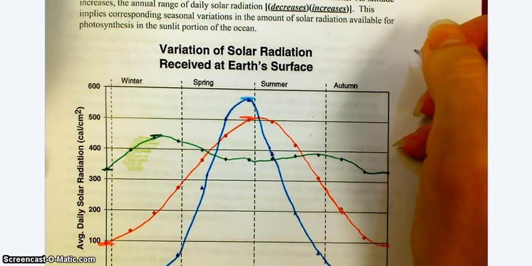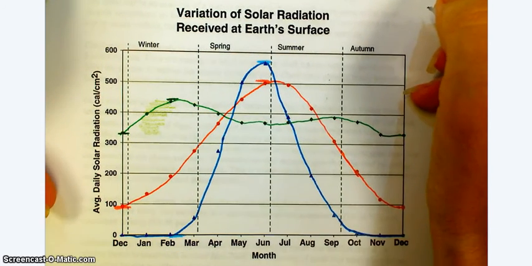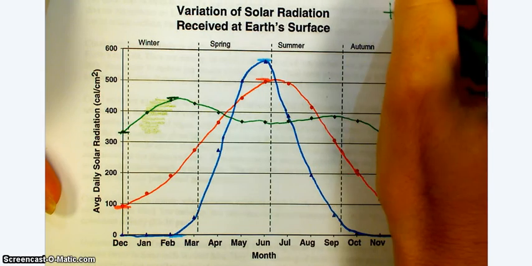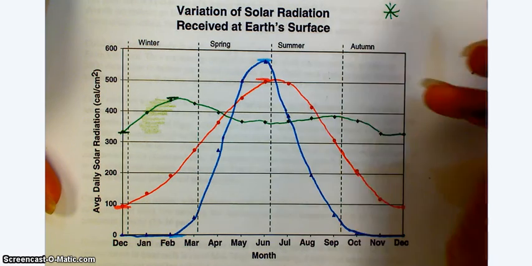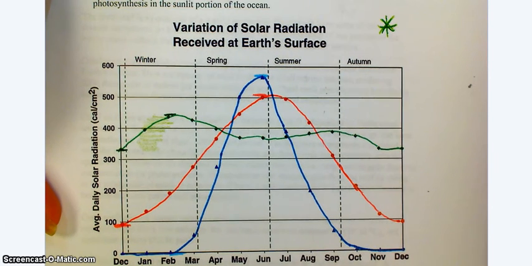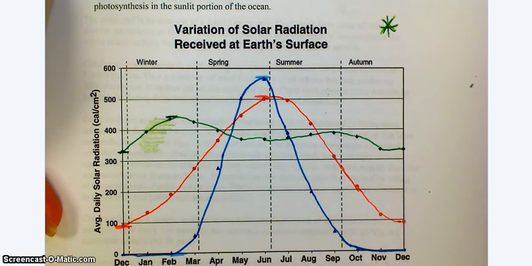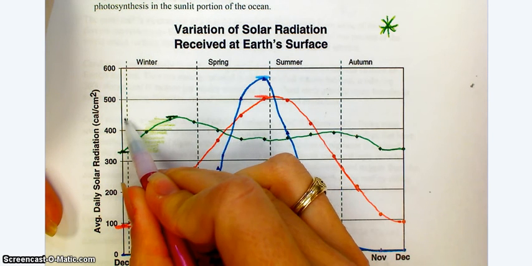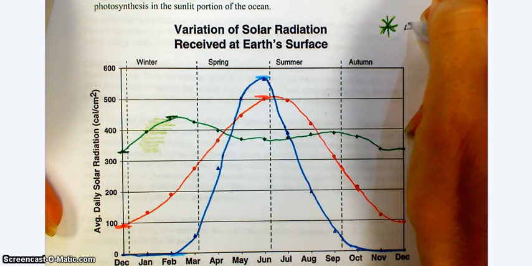All right, so the first one we'll do is green. And if we look carefully, the biggest green value, I'm going to call it 440 or so.